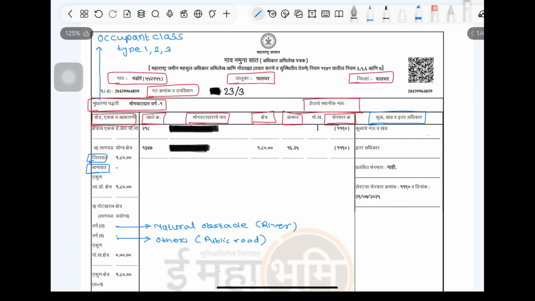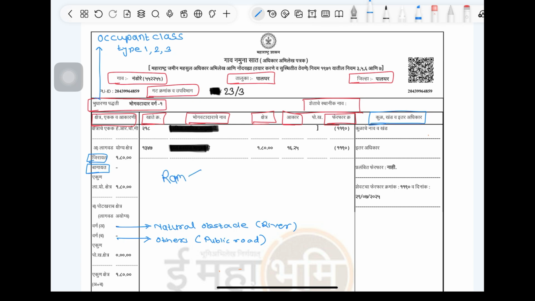Khate Kramanka. Khate Kramanka means what? Account number. Account number in the sense, for example, if there is Khate number 218, what information will you get from it? It will give the information of the person who owns the land parcel. For example, there is a person named Ram who has 3 survey numbers in that village.